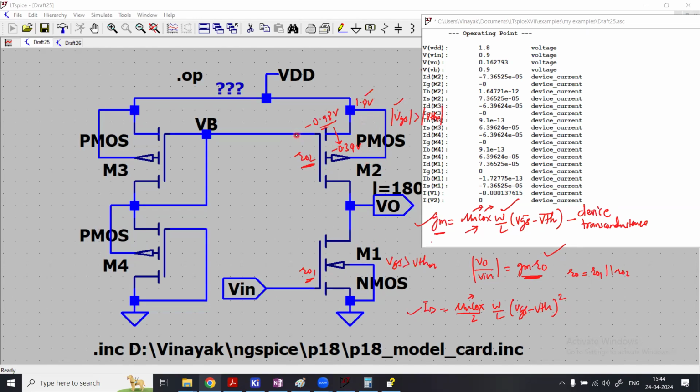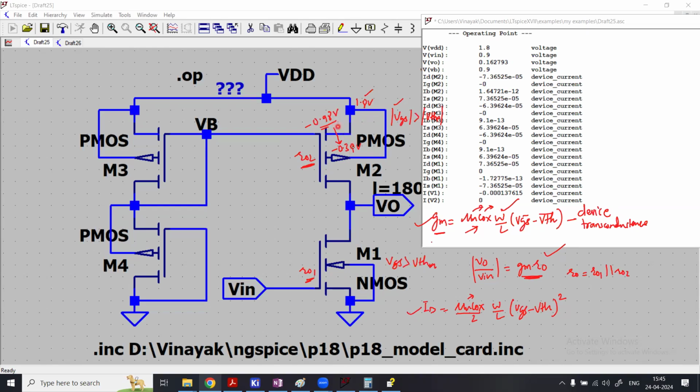The VB here is 0.9 volt, and VGS is minus 0.9 volt, not 0.98, it's 0.9 volt, and the VTH is minus 0.39.